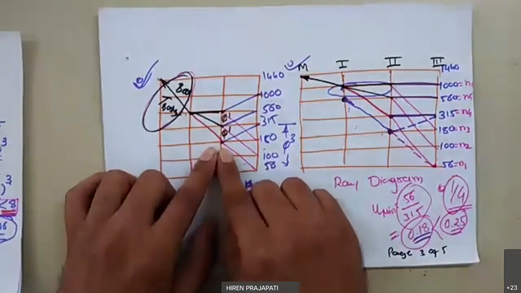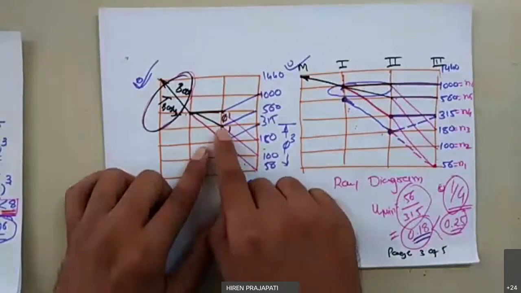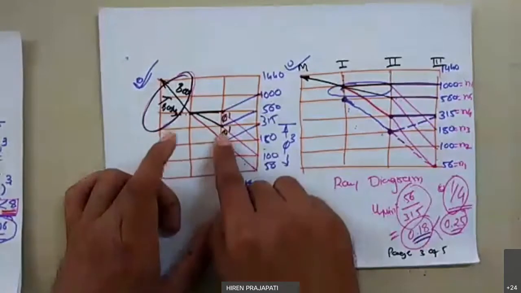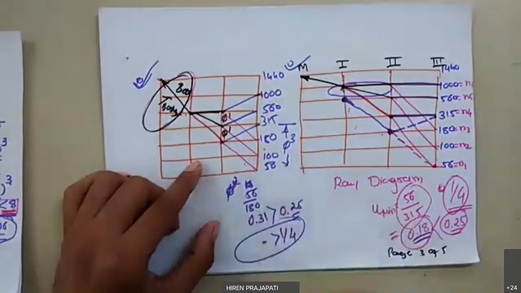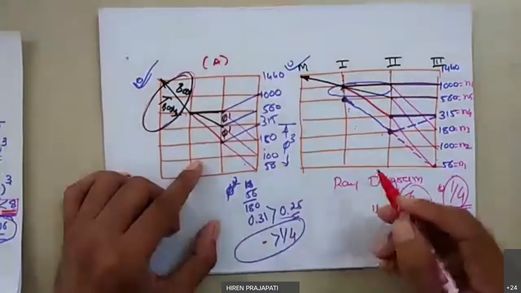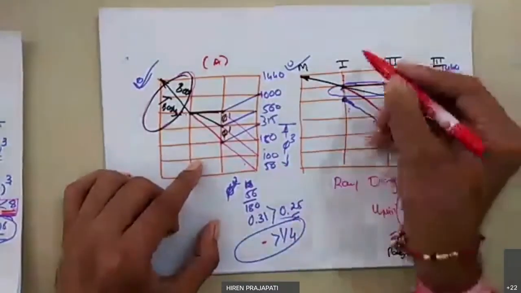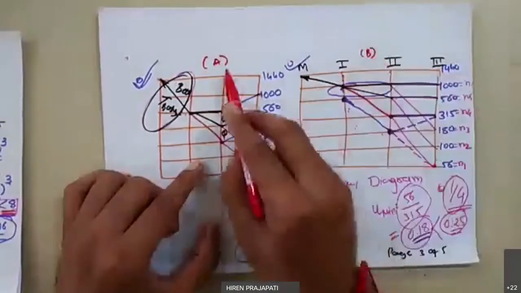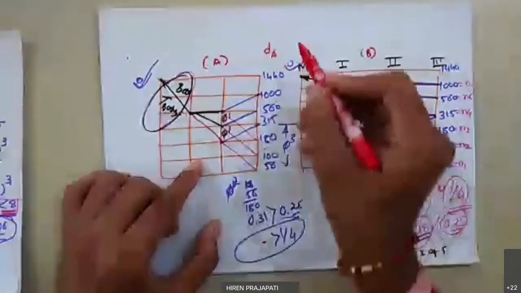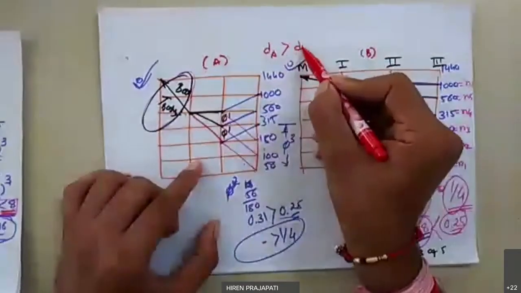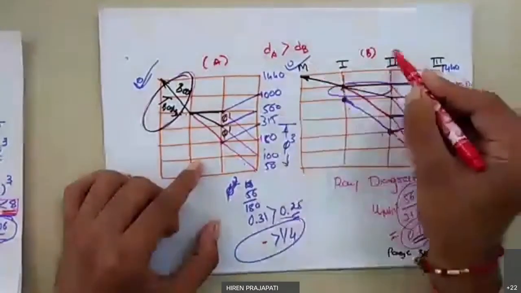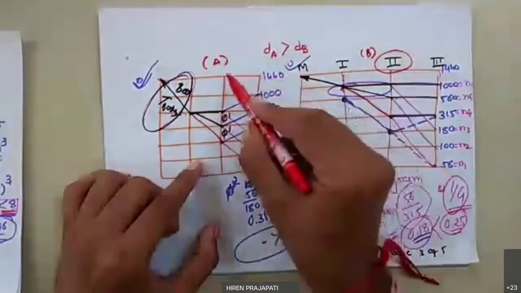Now, as we know, the more you move to lower RPM, the more the diameter of the shaft keeps on increasing. So if we compare, suppose this is diagram A and this is diagram B, then in diagram A the diameter of shaft 2, DA, will be greater compared to diagram B. I'm talking about this shaft 2, right? Here also shaft 2.